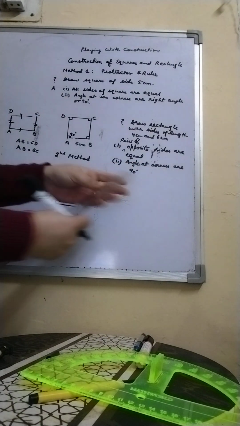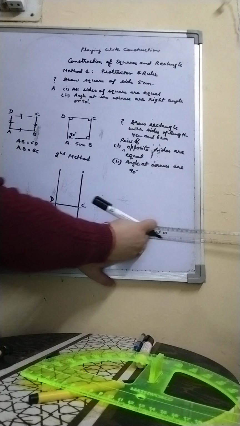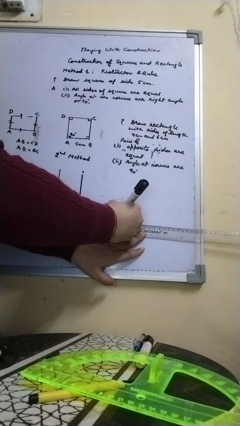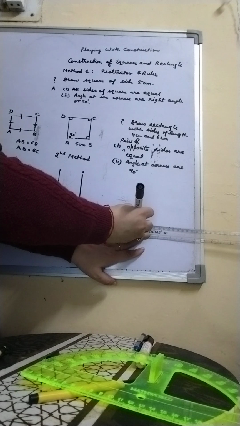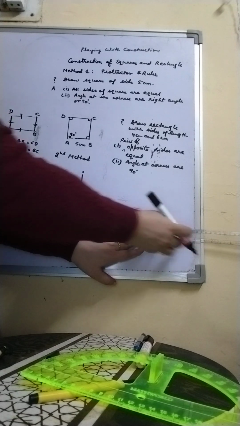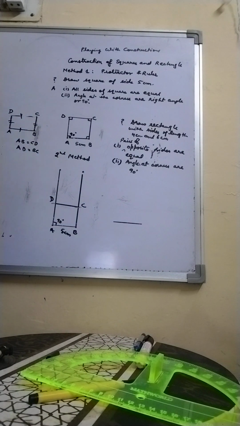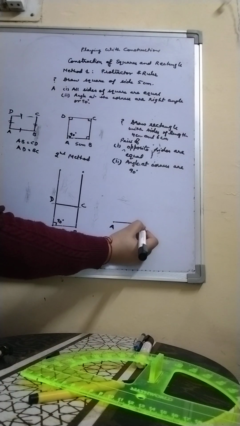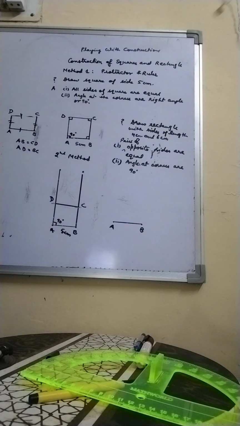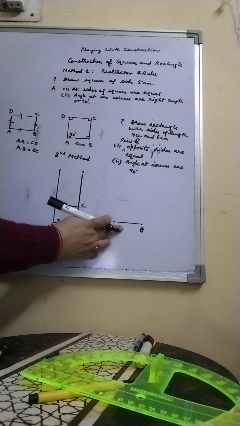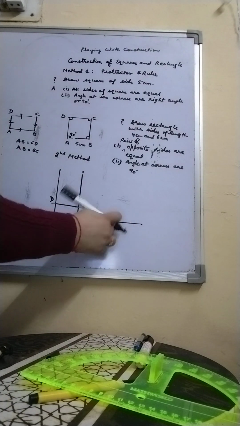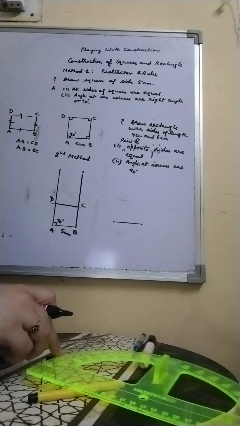Now you have to draw the rectangle. So first of all, draw any one segment. Suppose I draw 6 centimeter segment here. Put the dot. Again, now I am not going to name it because naming you do it after you have made the figure.